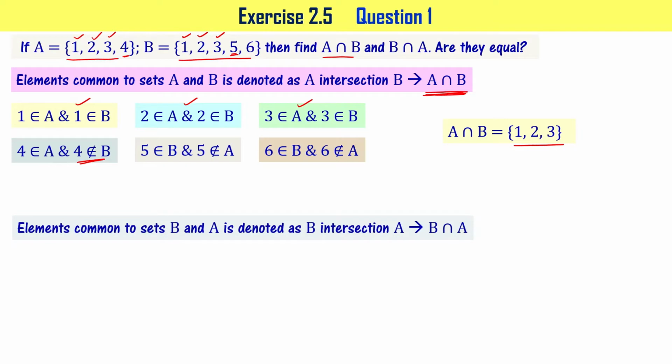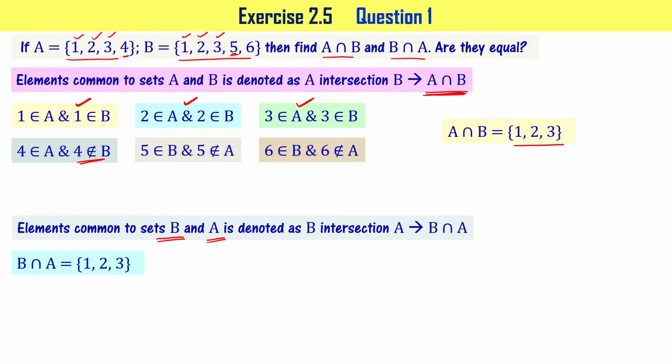Now, let's find what B intersection A is. B intersection A is defined as the set containing elements which are common to set B and set A. We have seen the elements which are common to set A and set B are 1, 2 and 3 only.